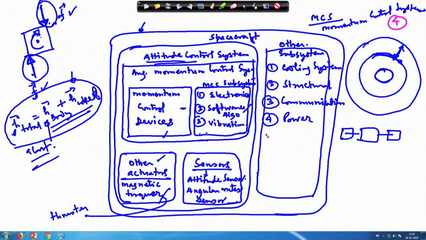Okay. Then this actuator system, inside that you are storing the propellants and other things. So, we can write here thruster, or the propulsion system, thruster slash propulsion system.